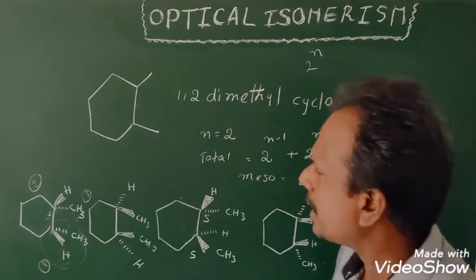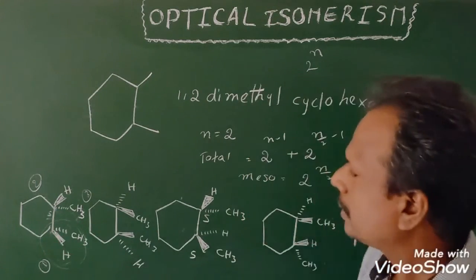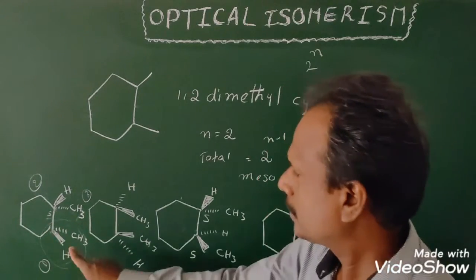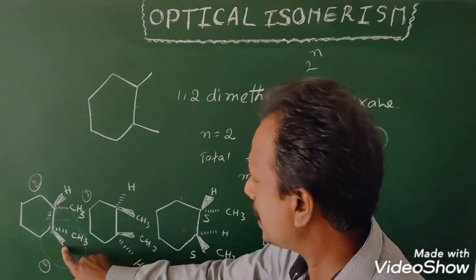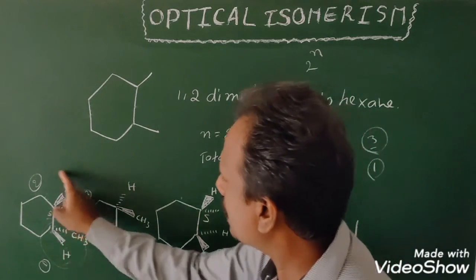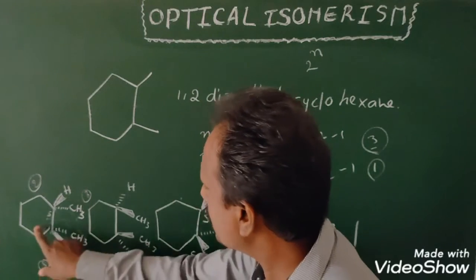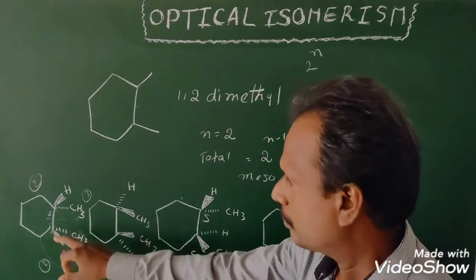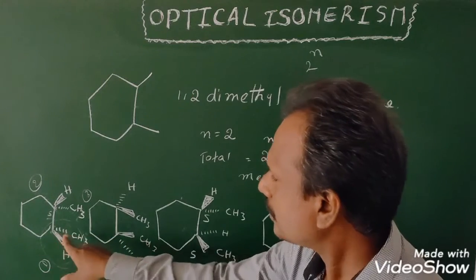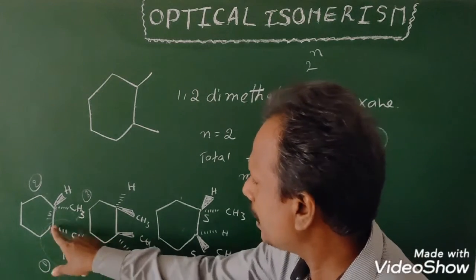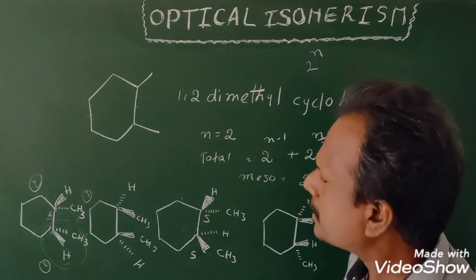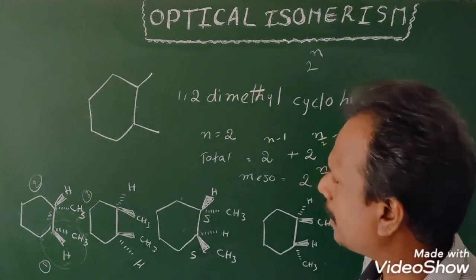Next one. What is the chirality of this chiral carbon? One group is methyl, another is H. Another group is, this is the another group. Fourth group is, it is the fourth group. So, according to CIP rules, here the linking atom is carbon, here also carbon, here also carbon. Same hybridization. Then nature of carbon decides the priority order. It is the tertiary carbon.